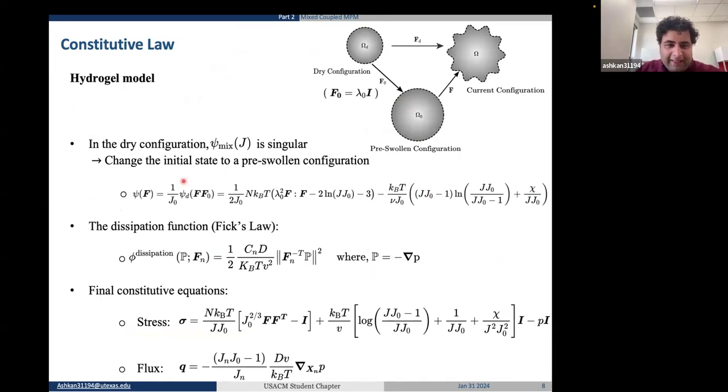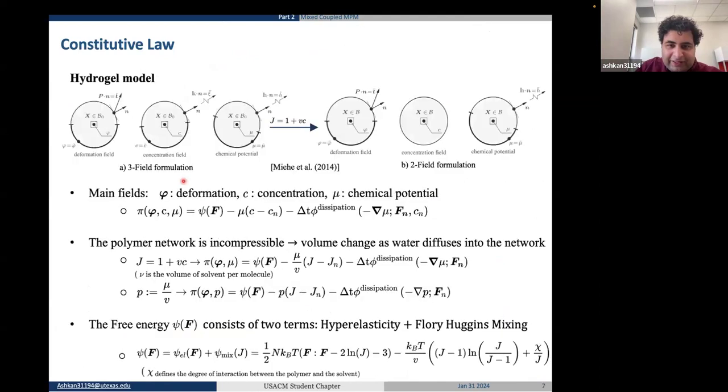So why do you need the previous time step deformation gradient in the dissipation?